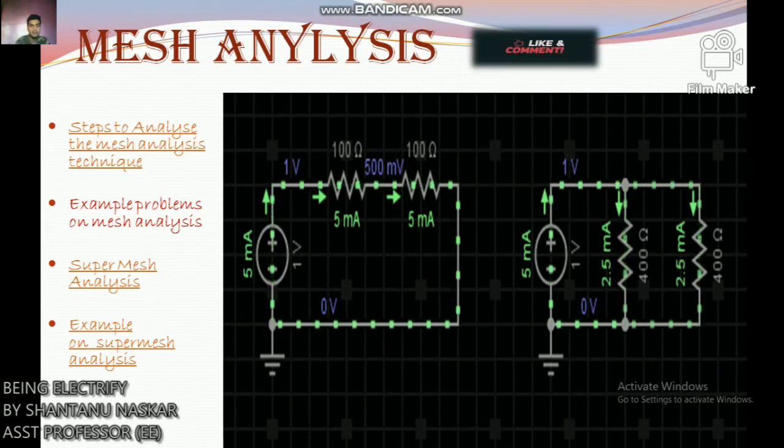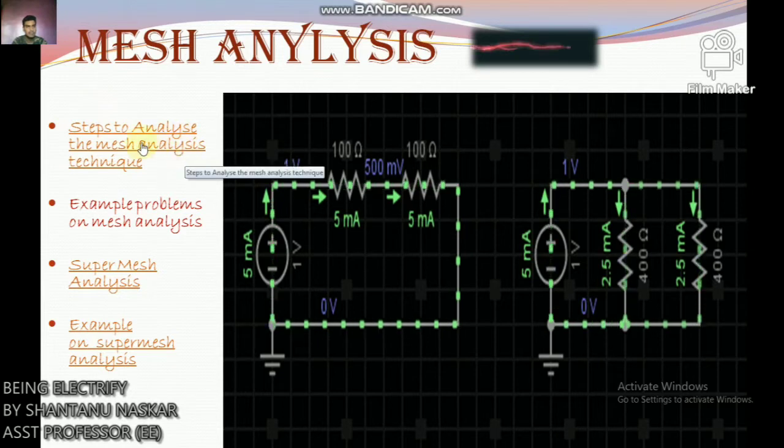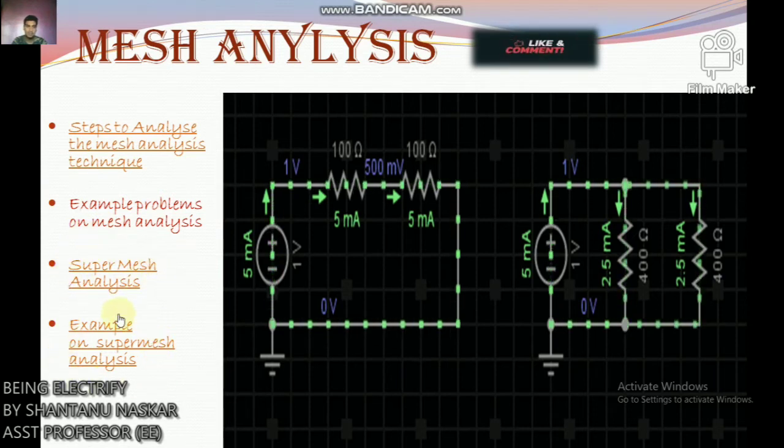So these are the basic things which I will discuss in my video: steps to analyze the mesh technique, an example problem on mesh analysis, what is super mesh analysis, and an example on super mesh analysis.